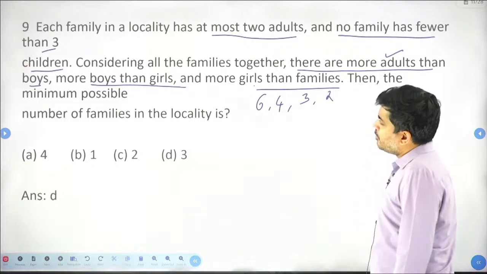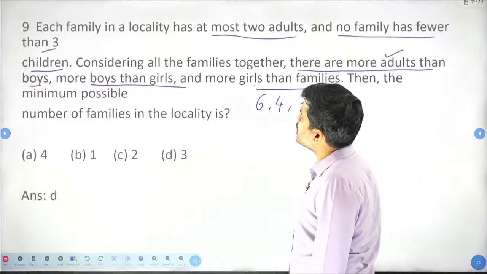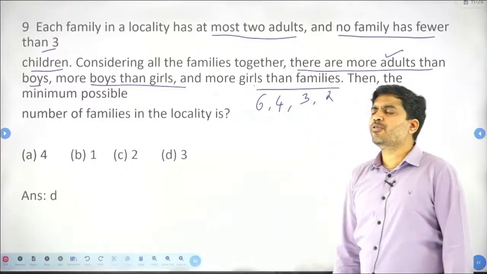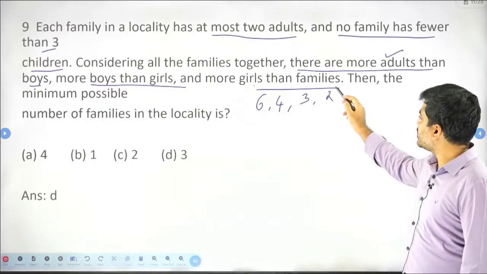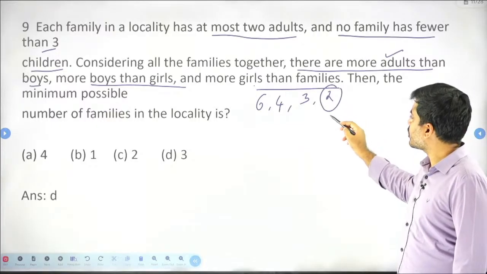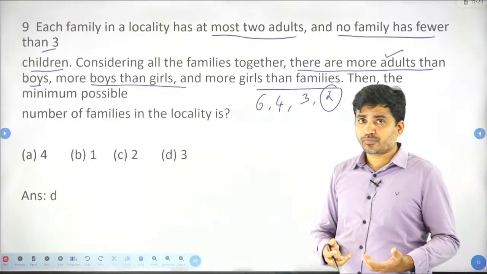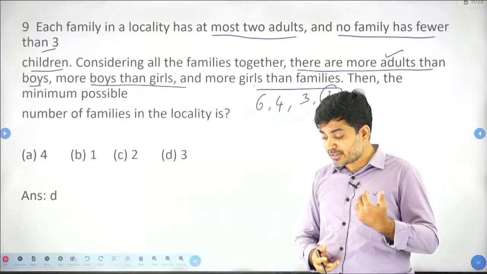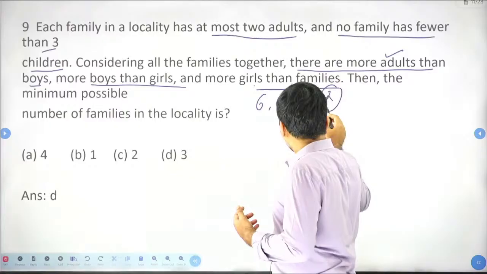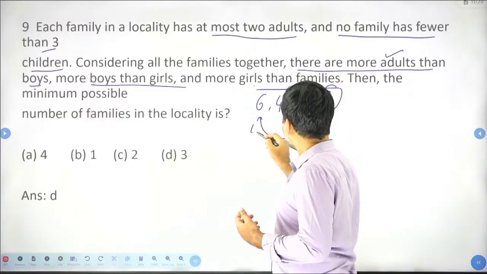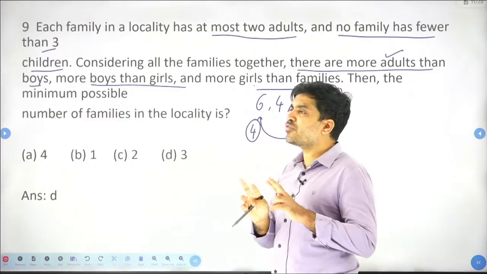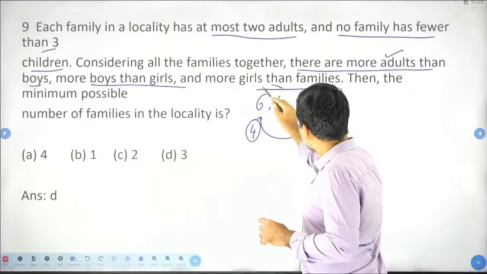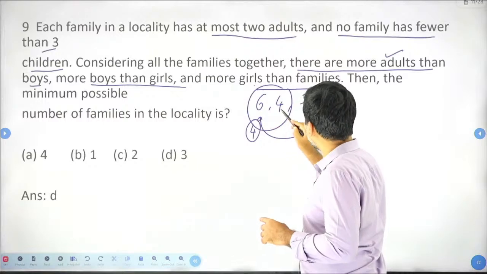Chalo. Then minimum possible number of families in the locality. Of course, if you take number of families like this, for example 2, okay, number of families if you take 2, what happens? Number of adults also 4 only, because 2 families, 2 2s are 4, but this is not possible because 4 is not greater than 4.